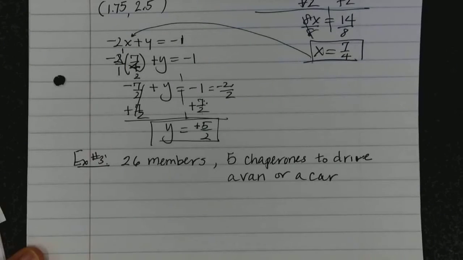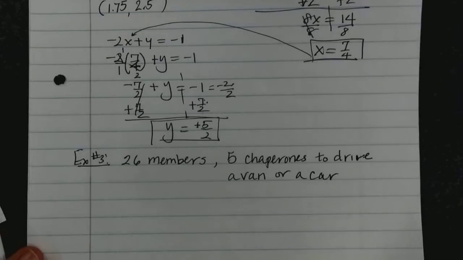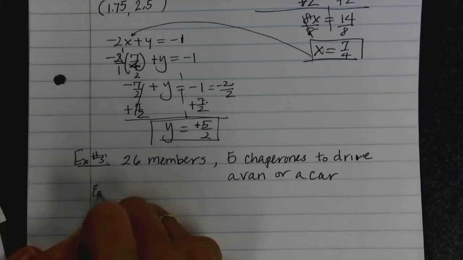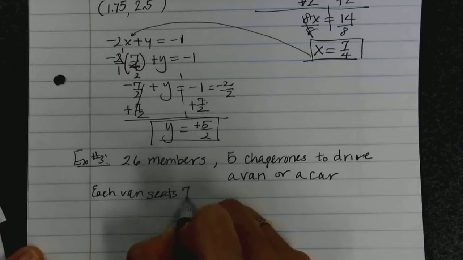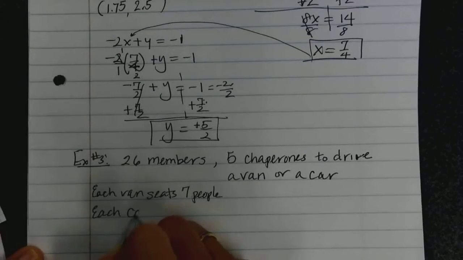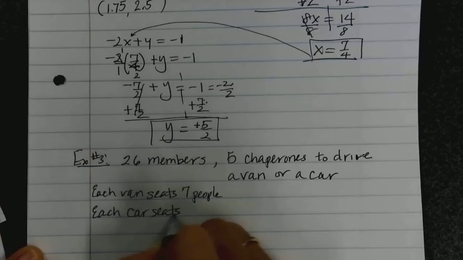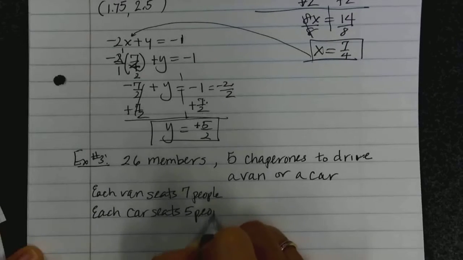So if you notice, they're going to be taking 5 vehicles, either a van or a car. Okay? And each van seats 7 people, and each car seats 5 people.